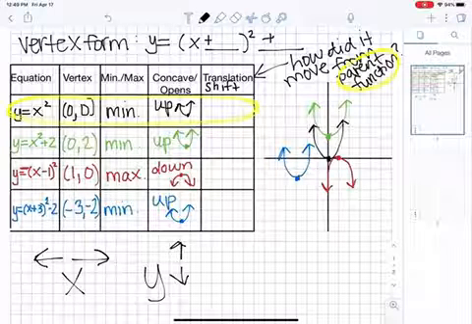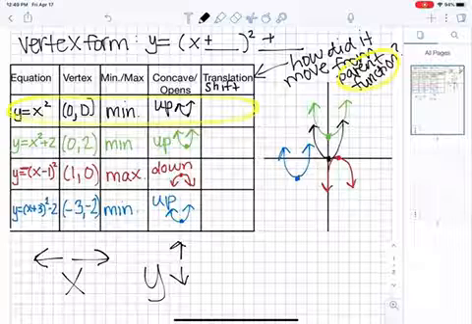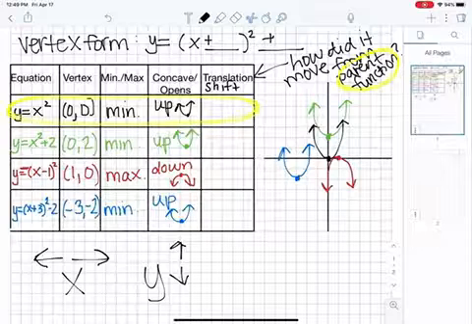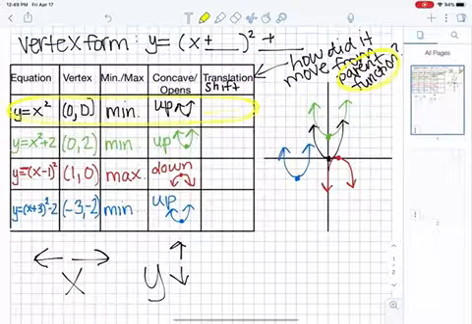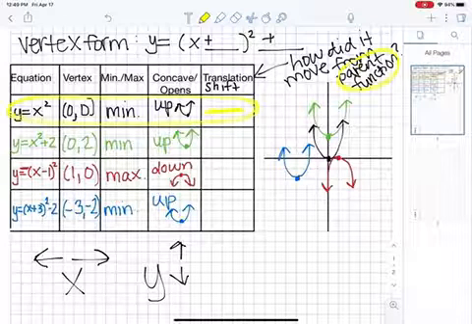Okay, so because I have a vertex of 0, 0, I'm not shifting right or left at all for this parent function, and I'm not shifting up or down at all, which is why my parent function has a vertex at 0, 0 on the origin. We're going to compare everything back to this function. So this has no translation. It's not moving right, left, up, or down.